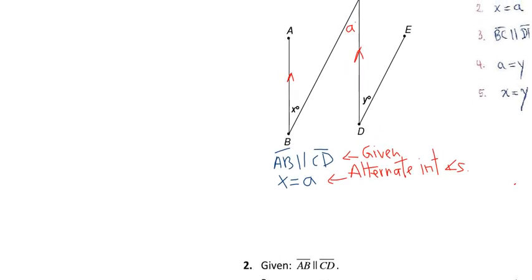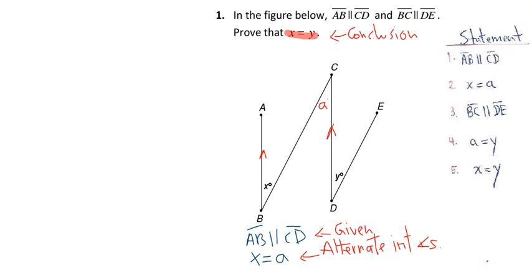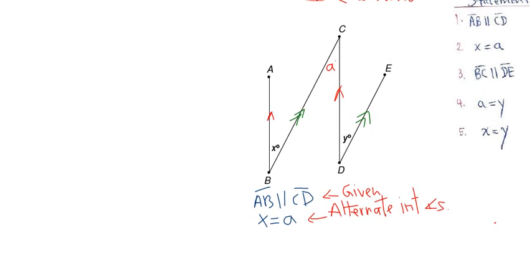Next, we continue with the other given, and the other given is that BC is parallel to DE. So let me mark that here on the diagram. BC parallel to DE. Remember that the arrows show on a diagram that they are parallel.